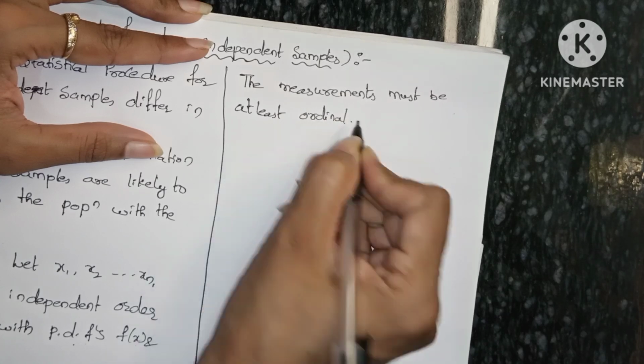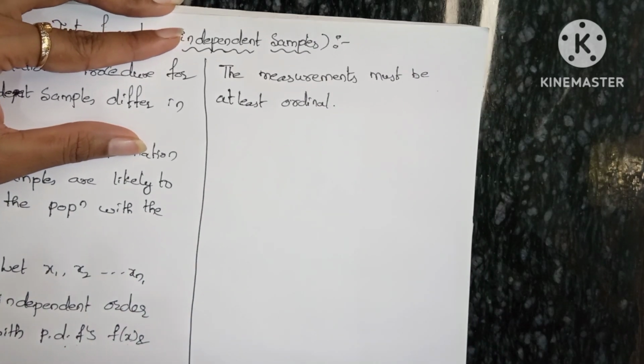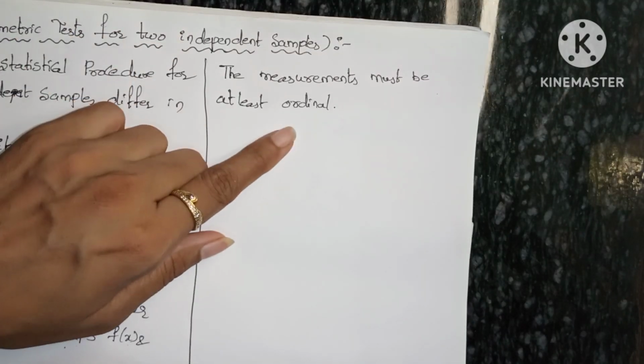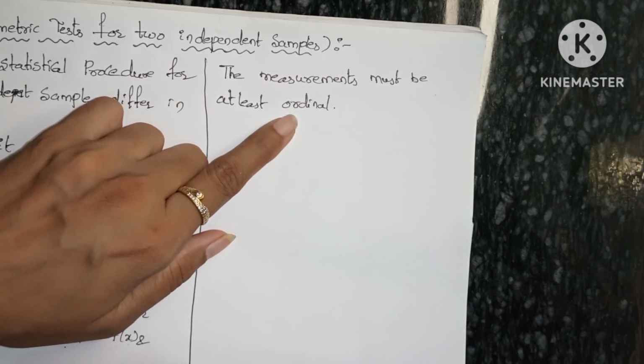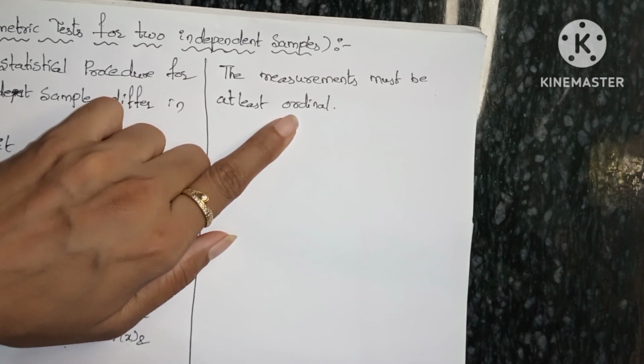What do you mean by ordinal? Ordinal in the sense that it's an ordinal scale of measurement. So at least ordinal. Ordinal in the sense of what? Numbers. Okay.